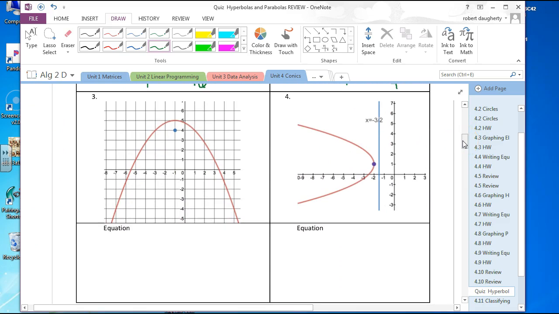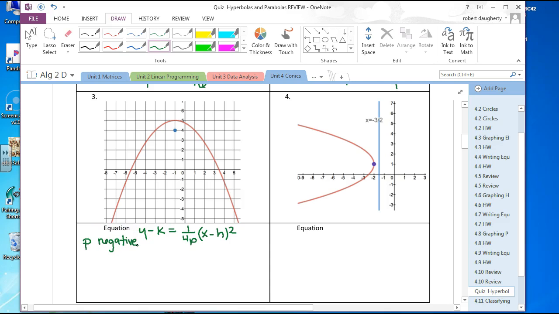Continuing on, I have a couple of parabolas. This parabola is of the form y minus k equal 1 over 4p times x minus h squared. It points down, so I know that p is going to be negative in this case. So what is my vertex?